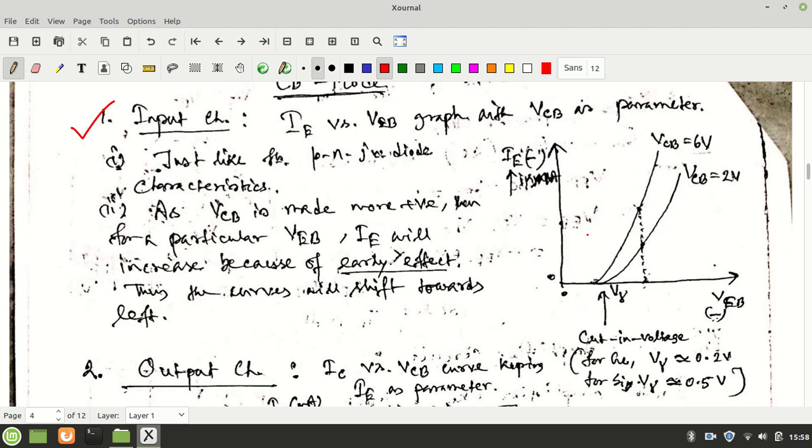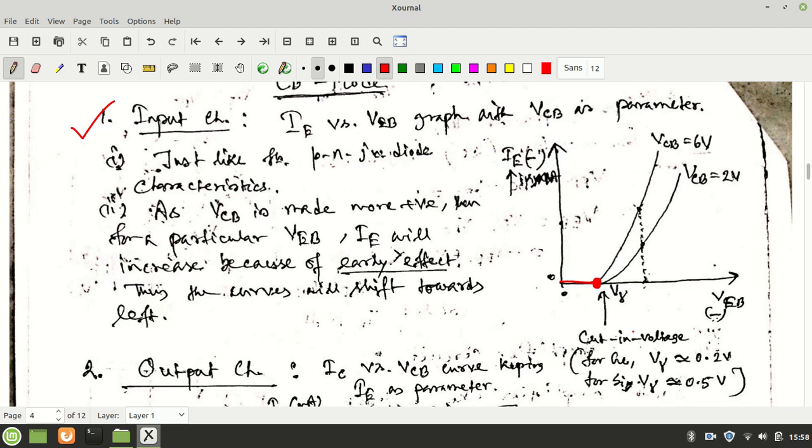And here you can see there is a cut-in voltage, because in CB mode the emitter base junction is in forward bias, so it will follow the forward bias PN junction curve. The current will be 0 up to a certain point, then at a certain point the current starts to flow, and this point is called the cut-in voltage.